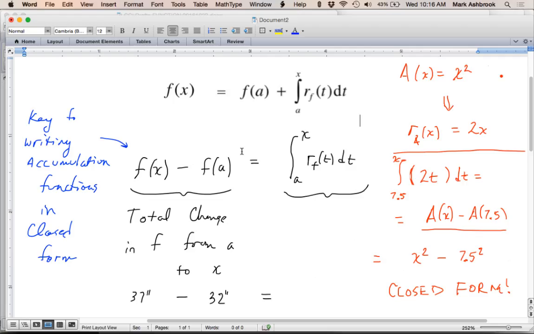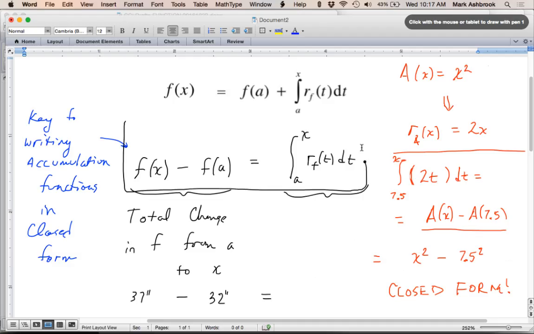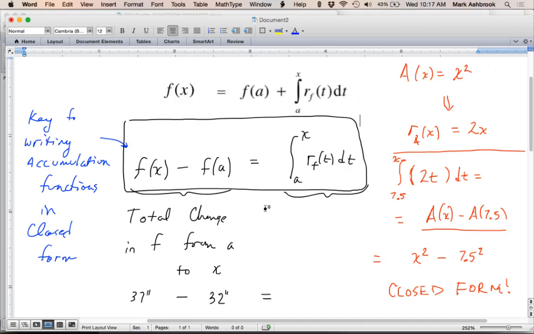Okay, so this very important thing, the most important thing in our course, is called the fundamental theorem of calculus. Everything we've done so far has been working up to this. It's so important, I'll put 2 boxes around it.